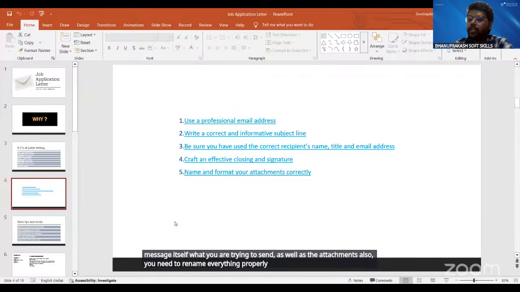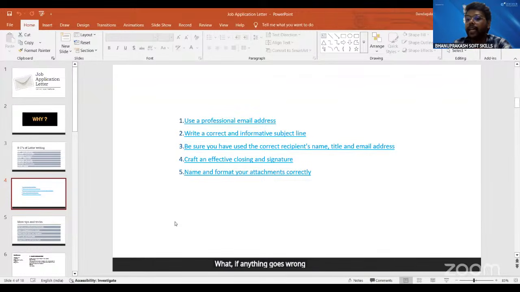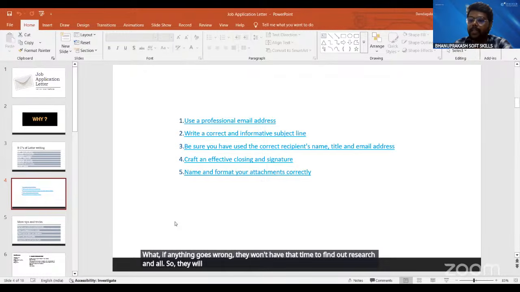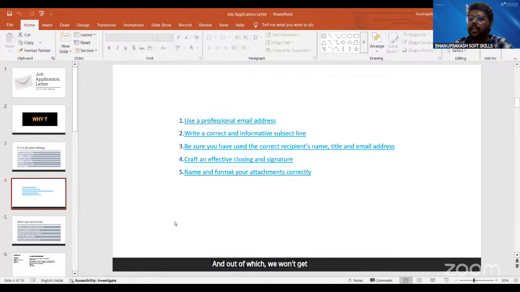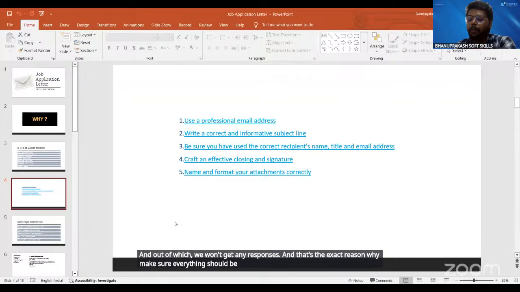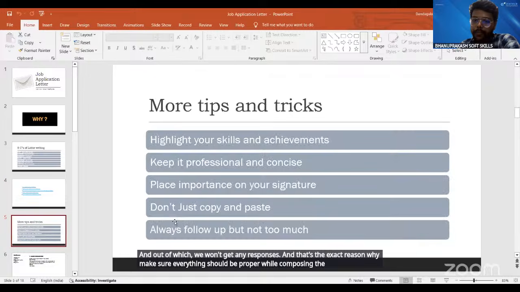What if anything goes wrong? They won't have the time to research and find out. So they will simply ignore your message, and we won't get any responses. That's the exact reason why you should make sure everything is proper while composing the mail itself.